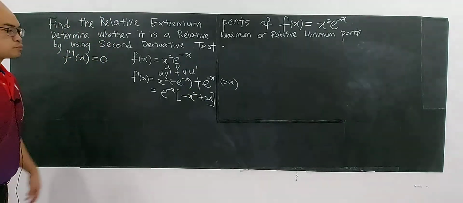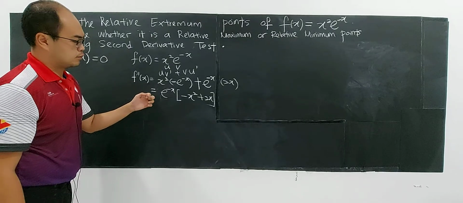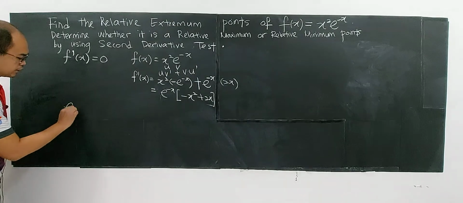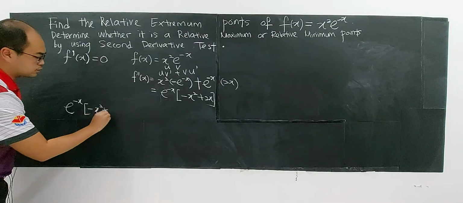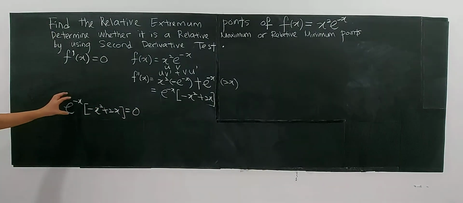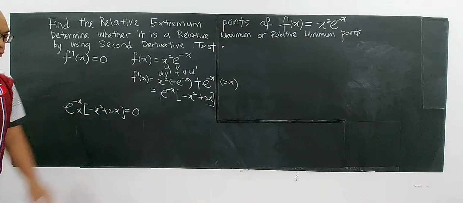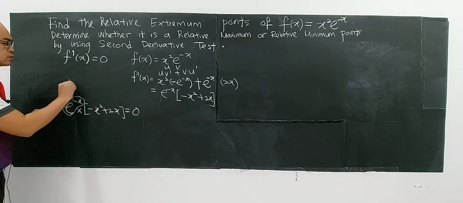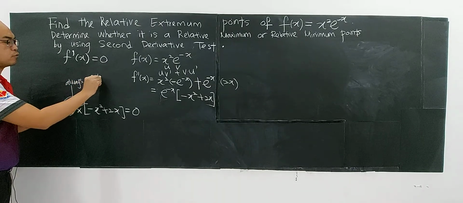So how do we find the relative extremum? We have to equate it to 0: e to the power of negative x times negative x squared plus 2x equals 0. This exponential function multiplied by this quadratic function equals 0. The exponential function is always positive, so it will never be 0 for any value of x.